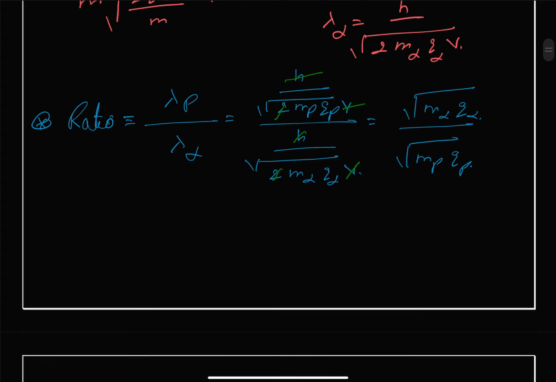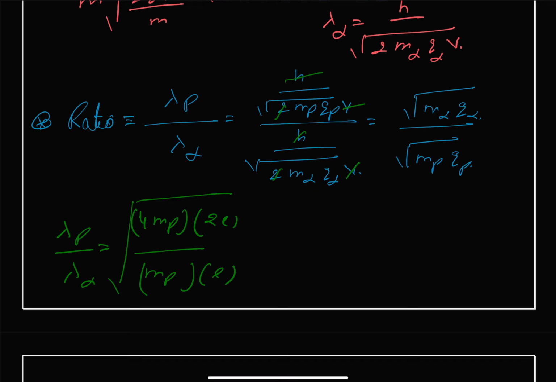Now we can just substitute. So we get lambda p upon lambda alpha is equal to, let's make this square root common, mass of alpha is our 4 times mass of proton. So we can write this as 4 times mass of proton, and charge on alpha is our plus 2e. So this is mass of proton and this is plus e.